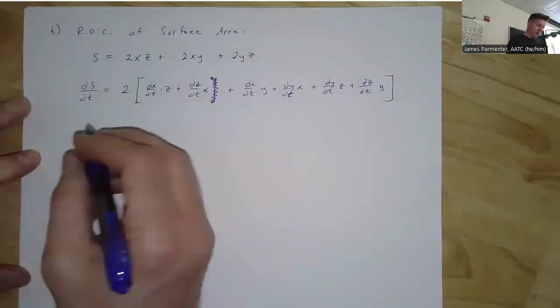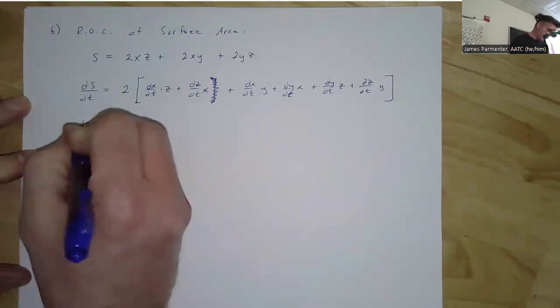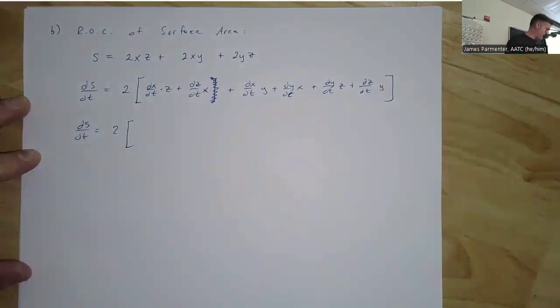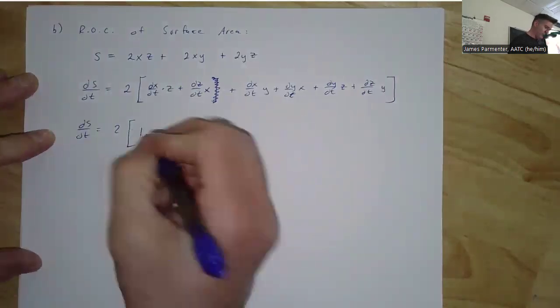All right, so let's see here. Then we're gonna plug in all the things we know. So ds/dt is going to equal 2 times... let's see, we have our list of things here. Our dx/dt is 1 meter per second.